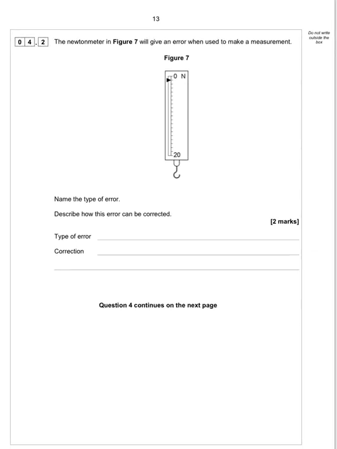So this question is all about errors. The Newton meter in figure 7 will give you an error when used, and if you notice there's nothing hanging on the Newton meter at the moment, and yet the needle is not pointing to 0. We call that type of error a zero error, or it is sometimes known as a systematic error.